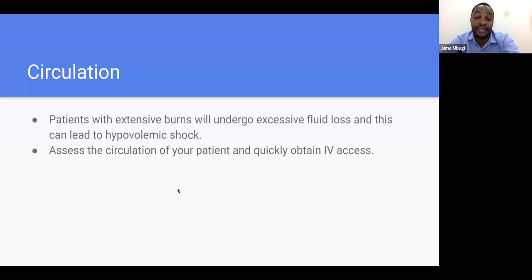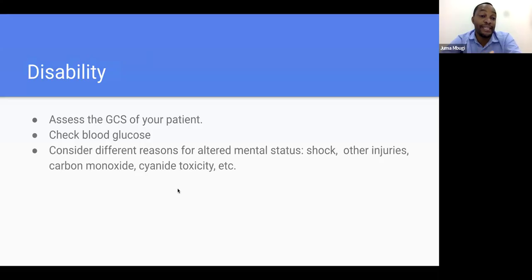So obtain IV access with a large bore cannula, maybe 1 or 2, or a central line if possible. But the central line will come later. In the ABCDE assessment, maybe you will not have time to do the central line. You can obtain IV access quickly. That's why I said you have to ask for help, someone else should be helping you when you're doing this assessment.